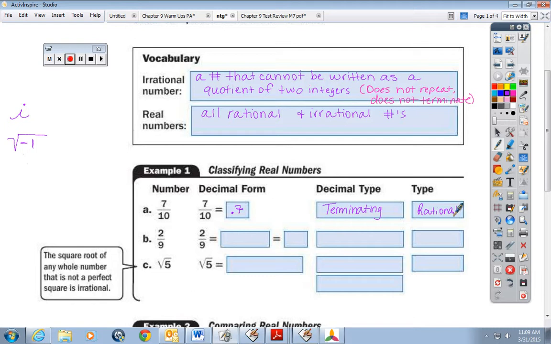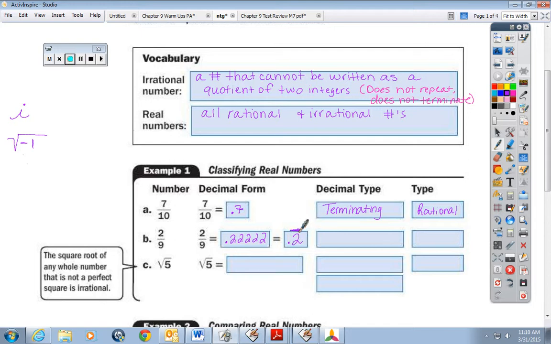Now if we take 2 divided by 9, you should recognize that anything divided by 9 is that number repeating. So if you typed in 2 on your calculator and then divided by 9, you would get a repeating decimal, which we would write, yes, the quicker way to write it is like that.